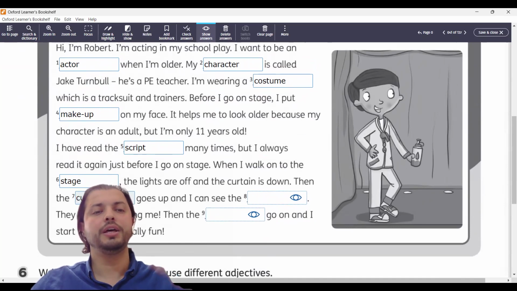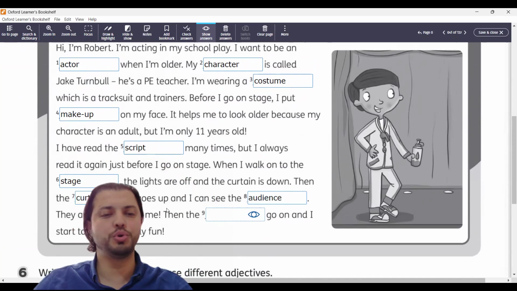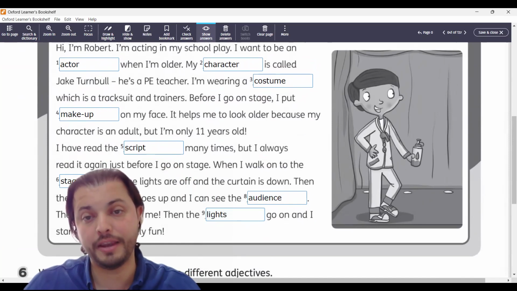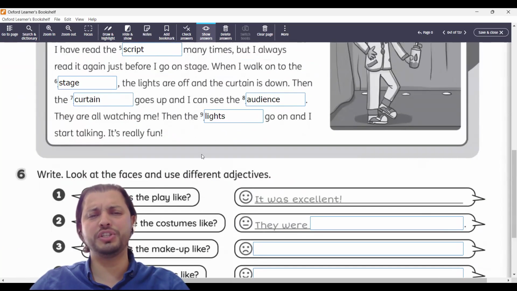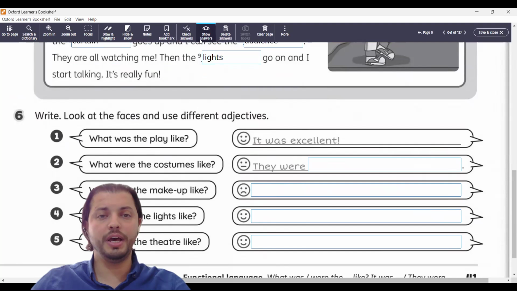Then the curtains go up and I can see the audience there. They are all watching me. Then the lights go on and I start talking. It's really fun. It's kind of like presentations that we always do. You remember that? Cool. Now let's continue.